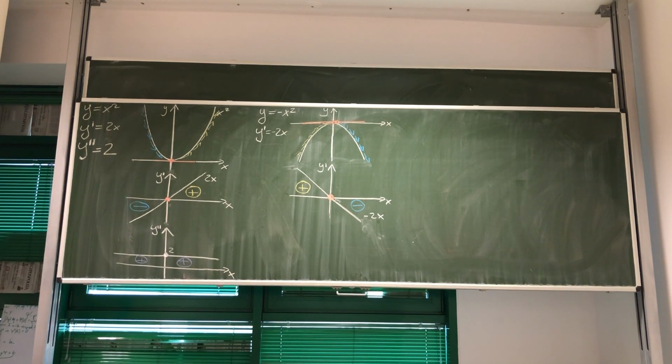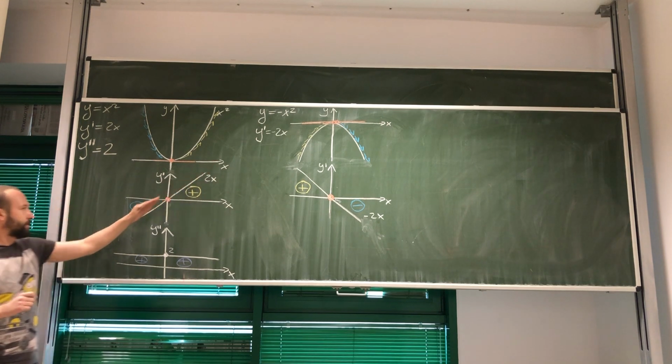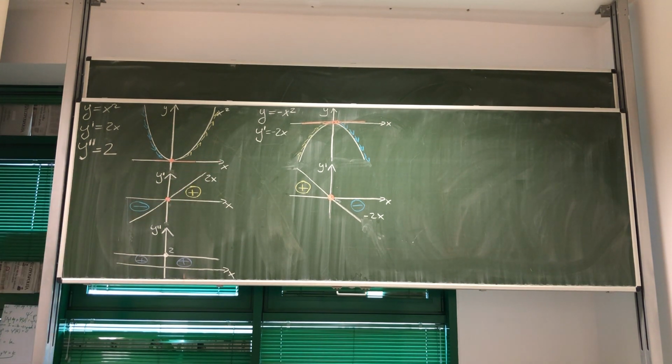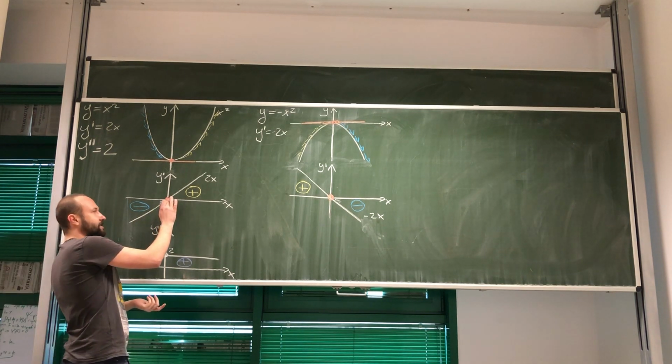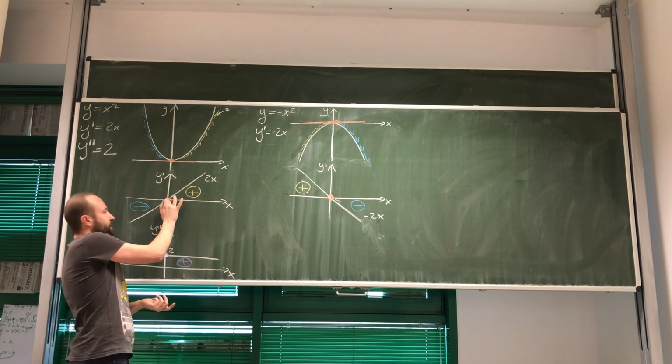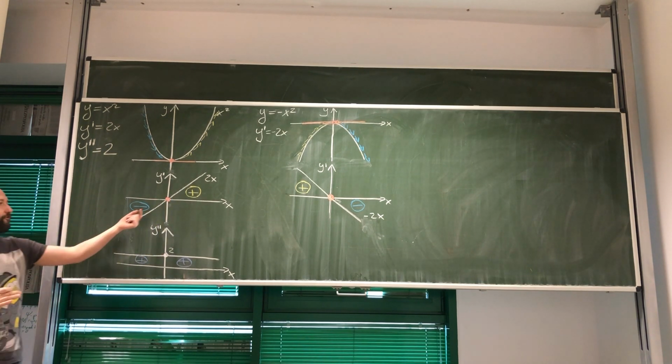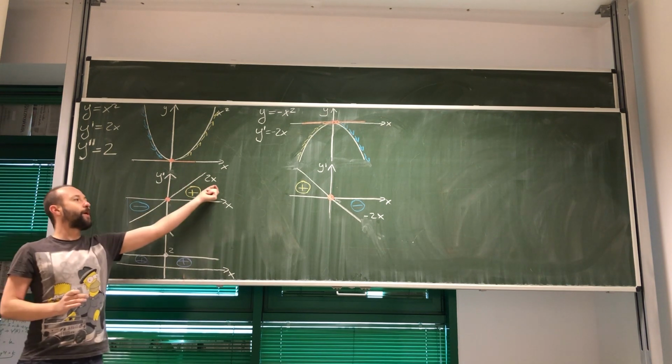But we also see that the derivative here is everywhere positive. What does it mean? It means that this function must be upward sloping. And if it's upward sloping and it's got 0 in the middle, it must be changing values from negative to positive.